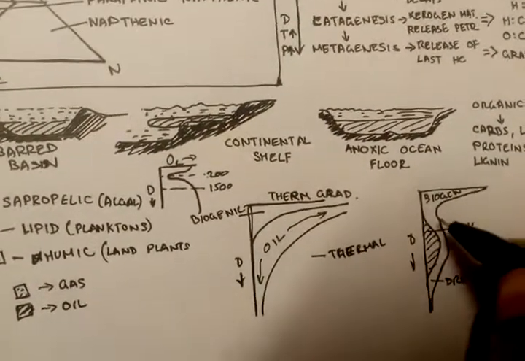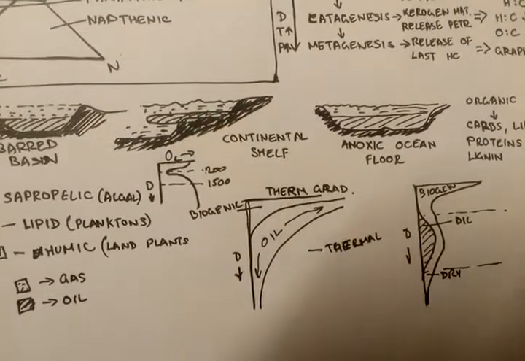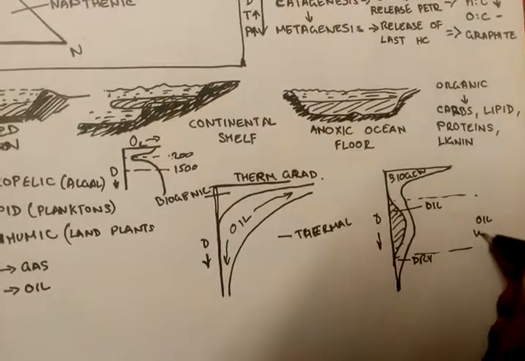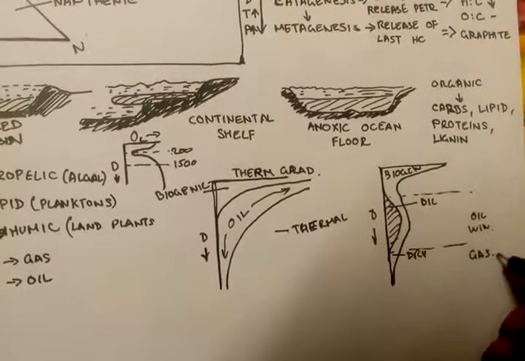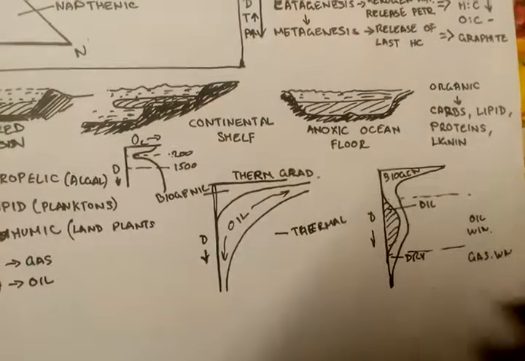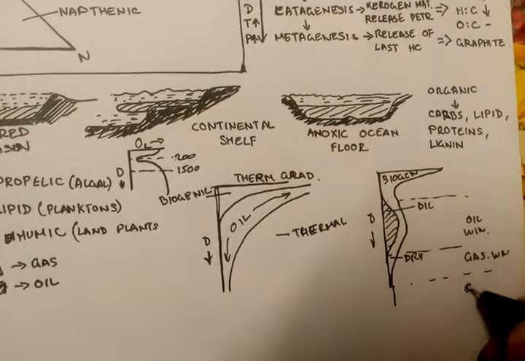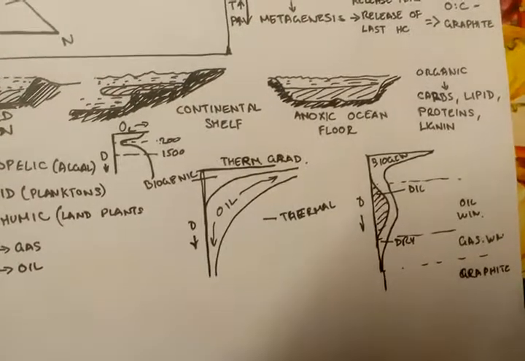Okay, so this part is basically known as oil window. This is gas window. Okay, after that there is graphite, right?